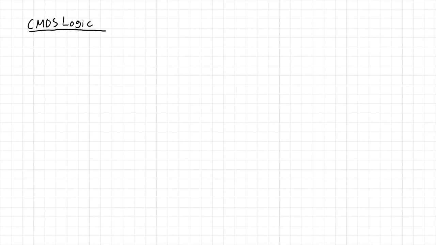Okay. Now, Boolean algebra represents information using ones and zeros.